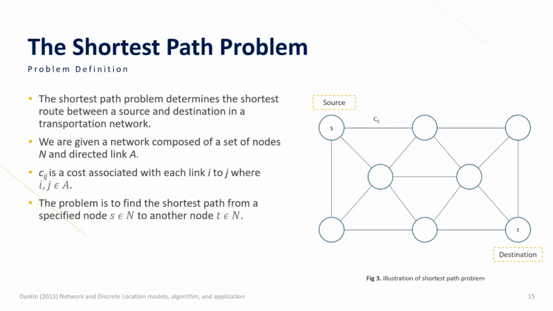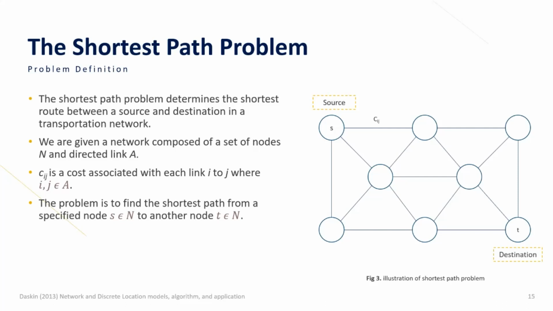The implementation and the algorithms that they use may be a little different, but the basis is the same. It's all shortest path problems. The characteristic is like this: you will be given a network, a transportation network that consists of nodes and links.